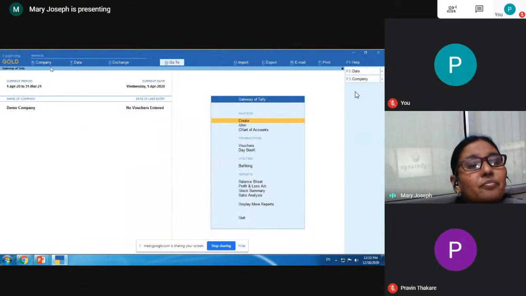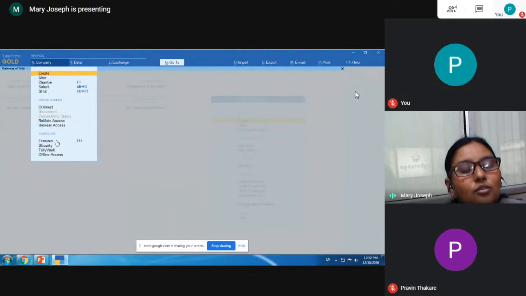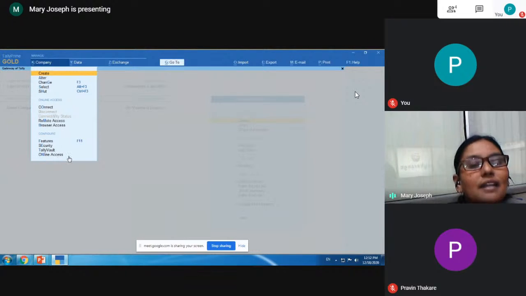Now, you can check all the features: company features, security, Tally Vault, online access, remote access, browser access. You can shut the company in a one bar company.